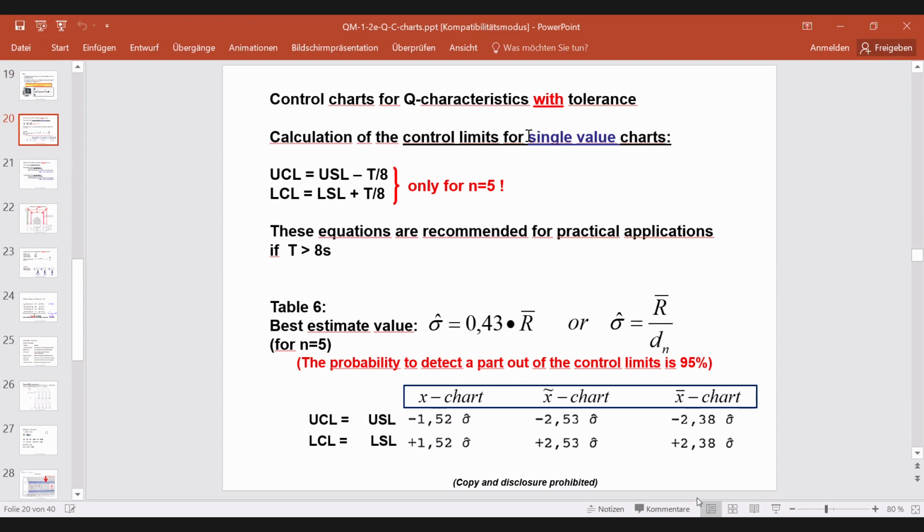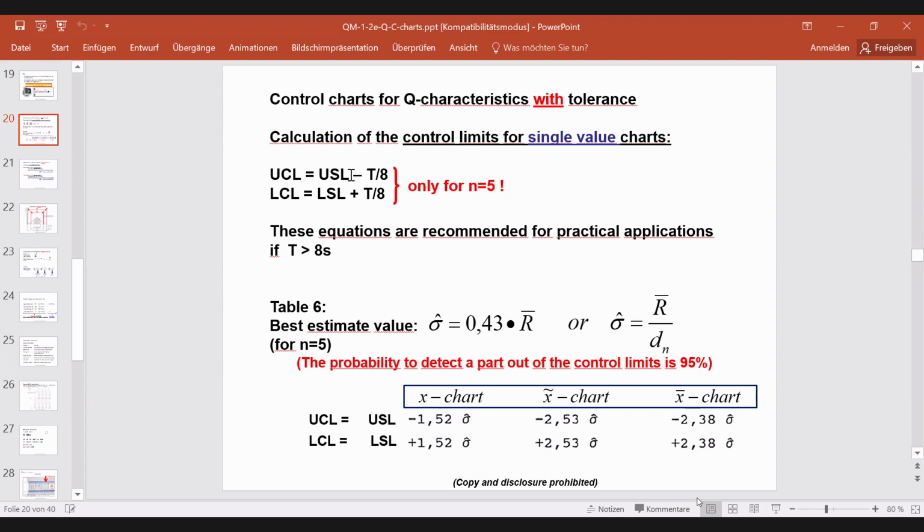So if you put every single measurement into the control chart, not the mean value, but every single measurement, and the sample size, every sample in the control chart, is 5, n is 5, then you can calculate the control limits very easily.